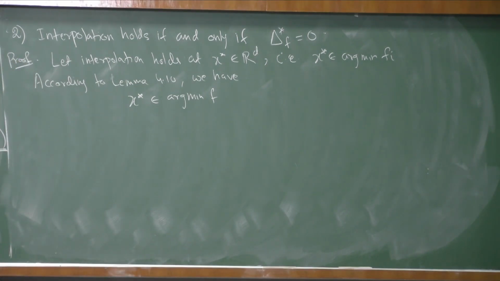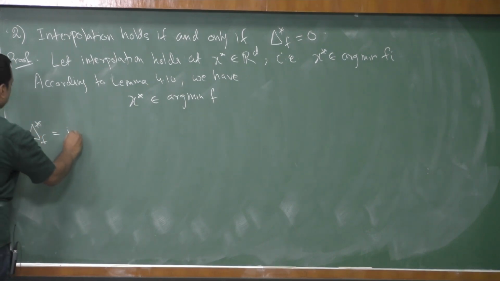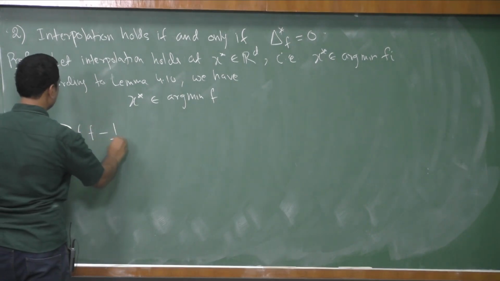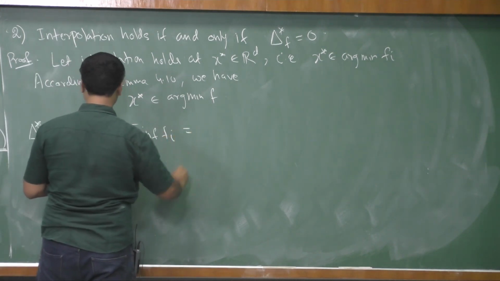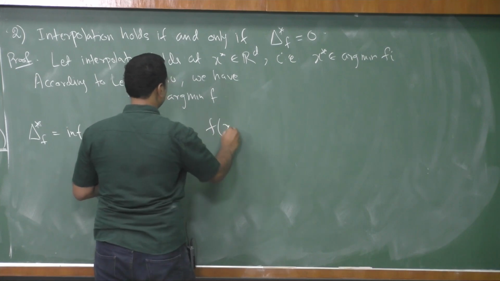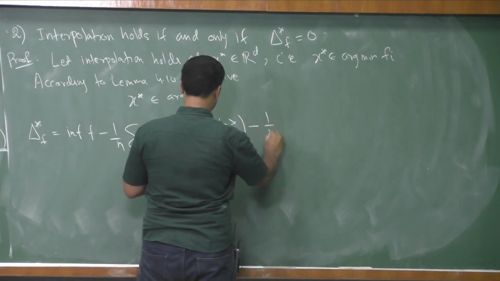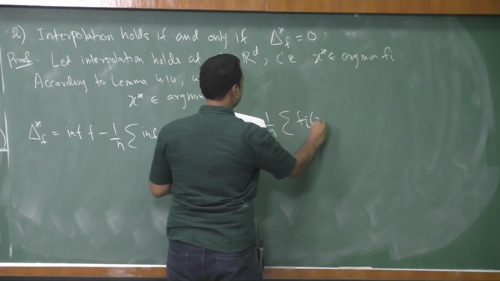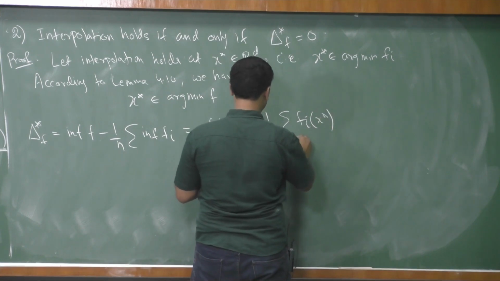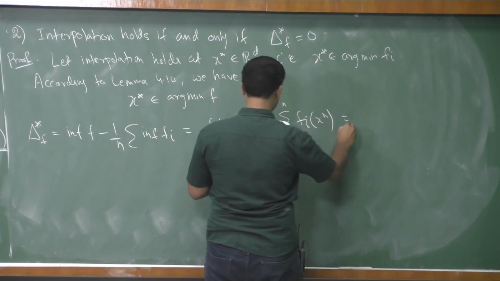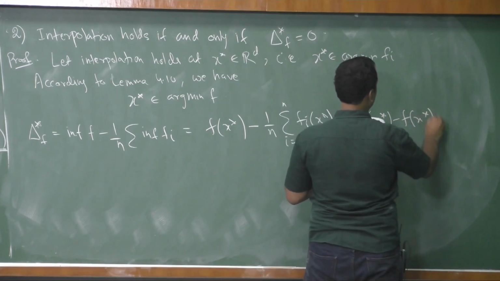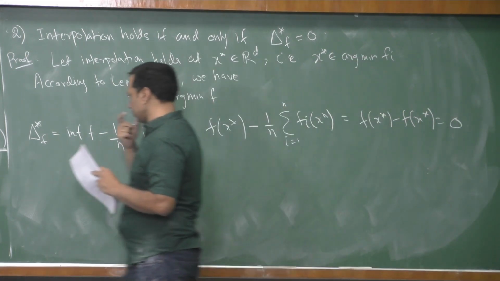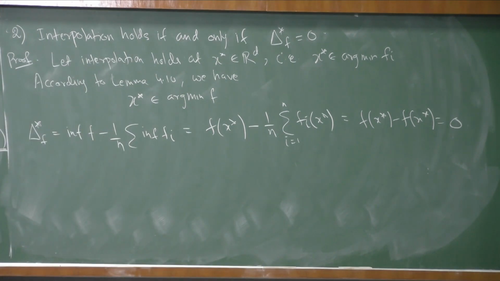Okay, so with this we have delta star f, which is defined to be infimum of f minus 1 over n sum of infimum of fi. Now this is f x star minus 1 over n sum of fi x star, i equal 1 to n, and this is f x star. So this part was easy.